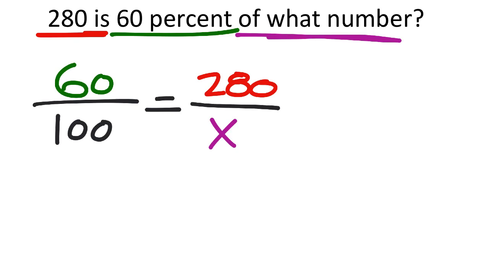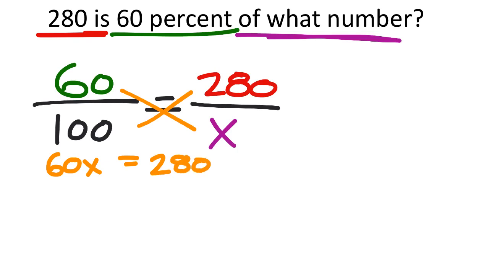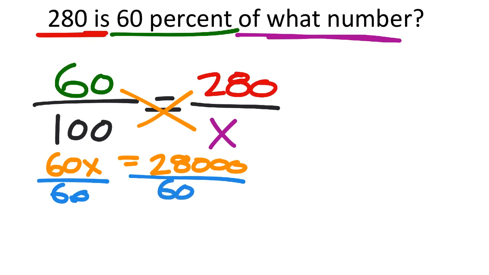So this sets up my percent proportion, which I'm ready to solve. 60 times x, just 60x, equals 100 times 280, which is 28,000. And then I would finish this one off by dividing both sides by 60, like we've done with the other examples, making that 1x.